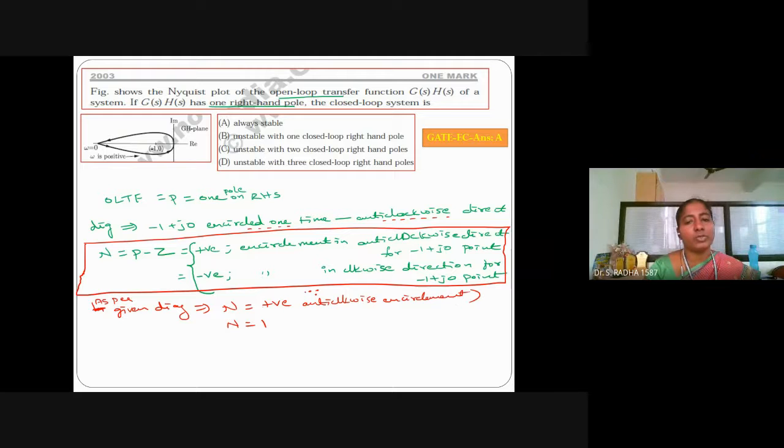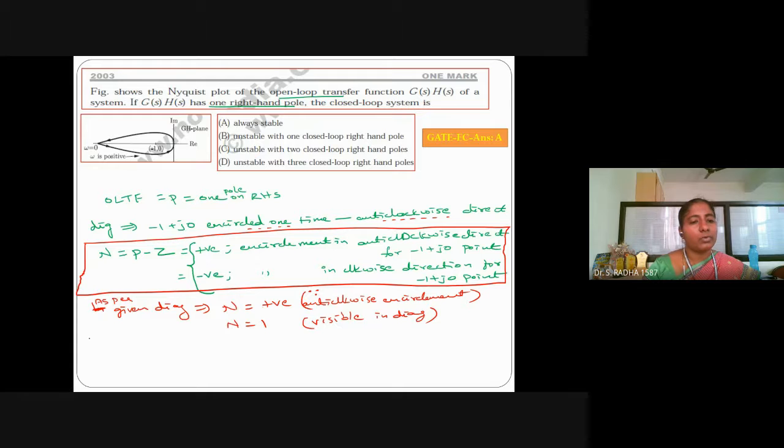That's why I am assuming it is positive. I calculated the N value from the diagram.